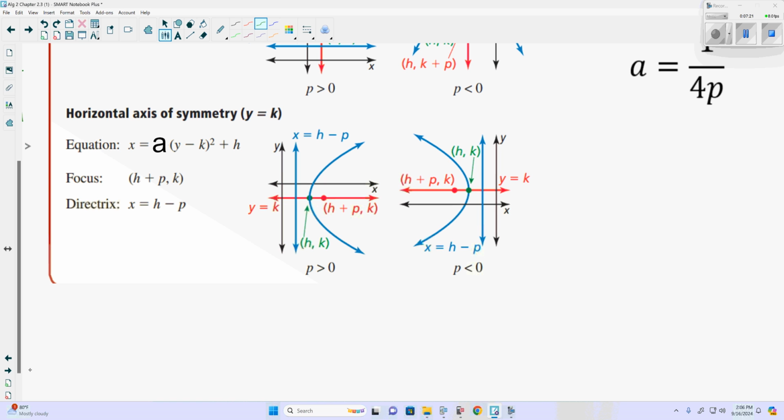The axis of symmetry is a little different. Not x equals h, it is y is equal to k. That's why we have to write out the axis of symmetry as x equals. Focus is the point h plus p comma k. And our directrix, x is equal to h minus p.